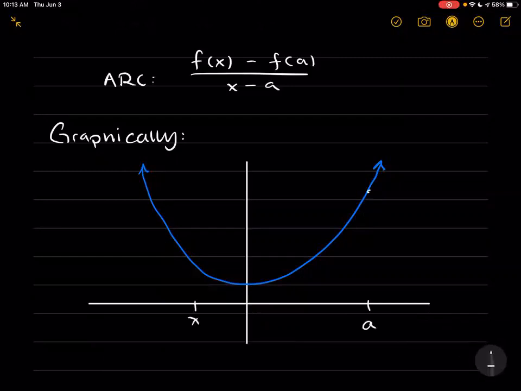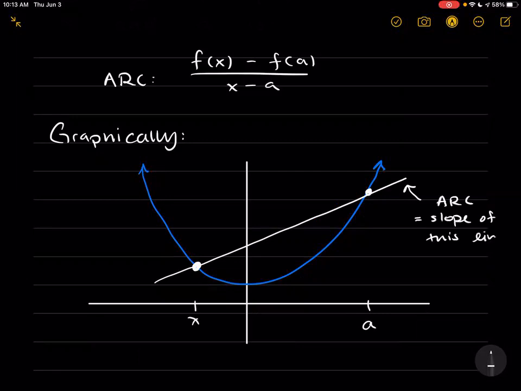So that's kind of like right here, right here. The average rate of change is the slope of the line connecting those 2 points. Okay, so that's what average rate of change looks like pictorially.